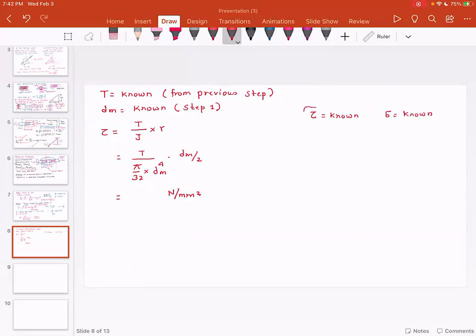And these two stresses, they act simultaneously. And then that allows us to find out the principal stress and the maximum shear stress.